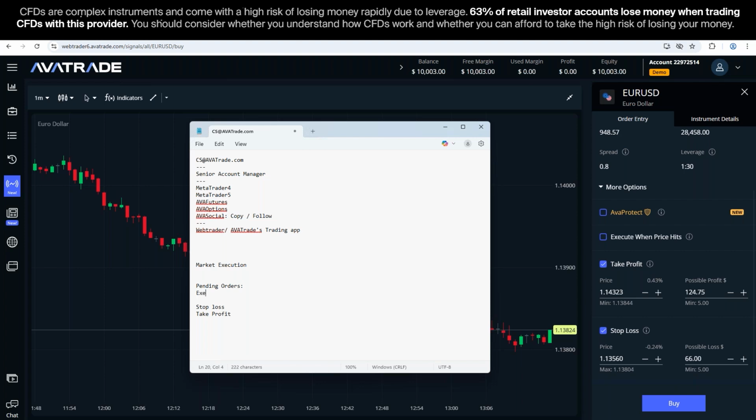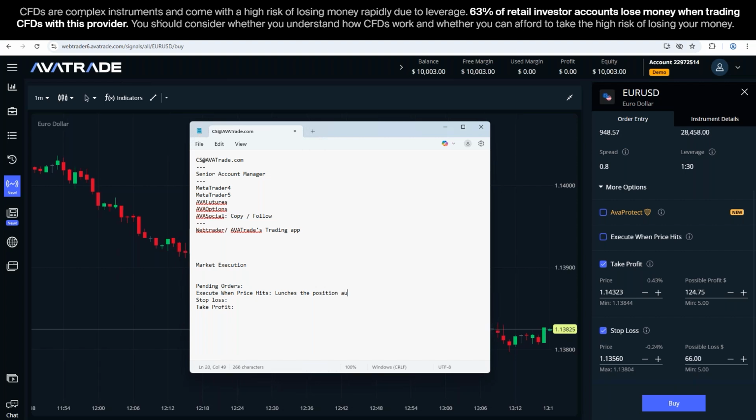I'll mention it anyway for us to have at the back of our head, and later on we'll learn how to use it. So we've got execute when price hits, we've got stop loss, we've got take profit. Execute when price hits, launches the position automatically.